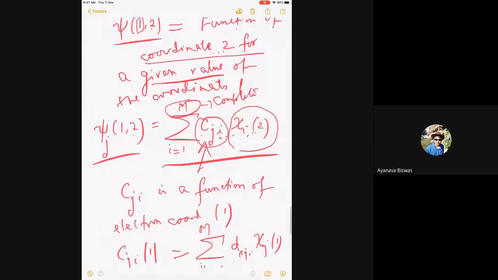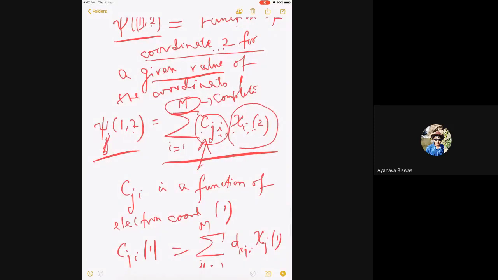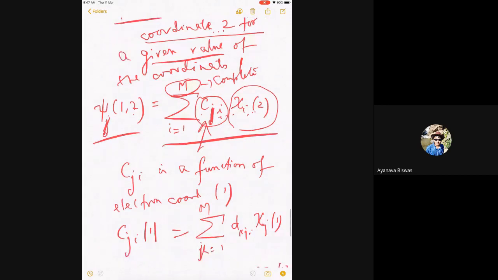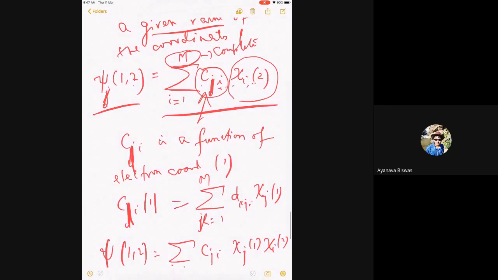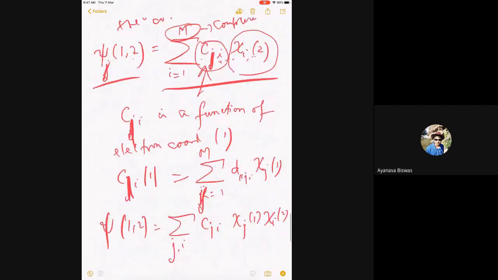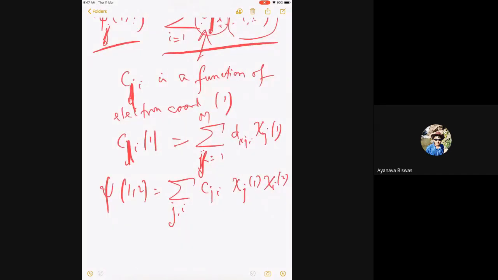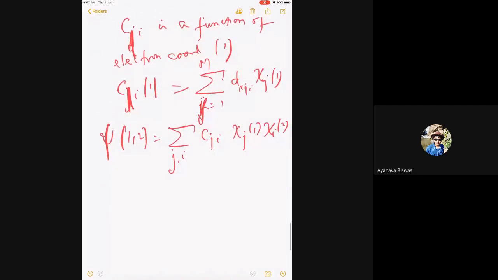Actually, one simpler way is that you don't write this j here, you let it remain like Ci, and then expand Ci as a function of 1 with a sum over j. So that will also do. So I'll rewrite this whole equation again. Okay. So what I wanted to write is the following.